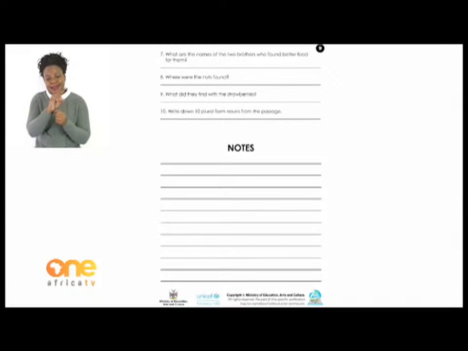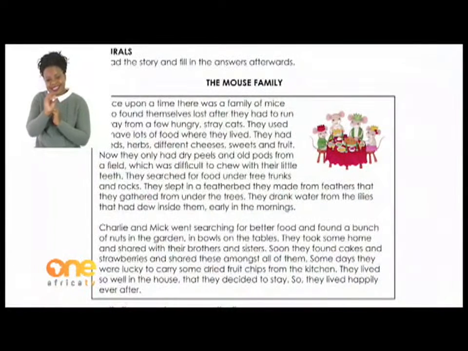Like what I've said, this passage is full of nouns in their plural form. I'm going to read in your hearing. The mouse family. Once upon a time, there was a family of mice who found themselves lost after they had to run away from a few hungry stray cats.